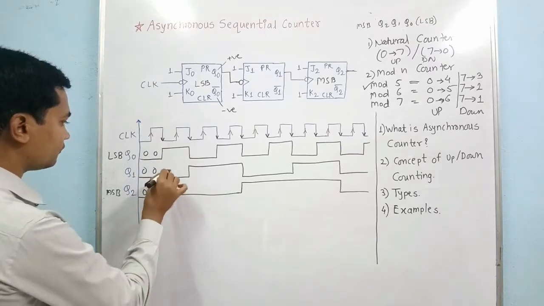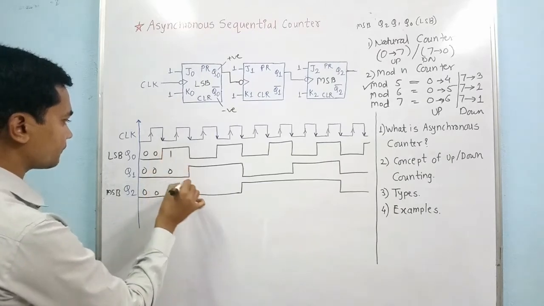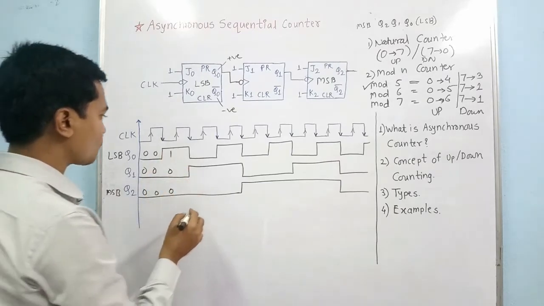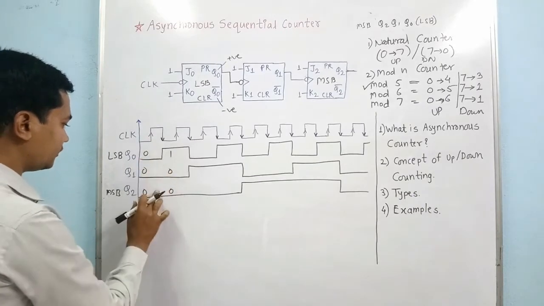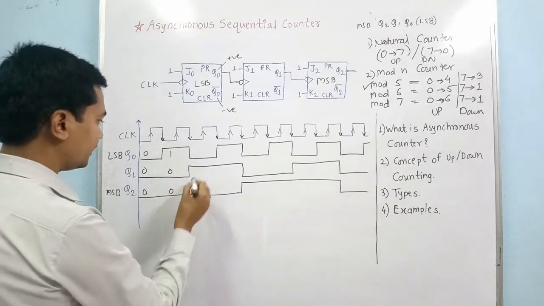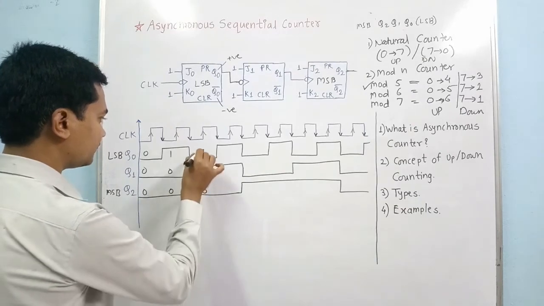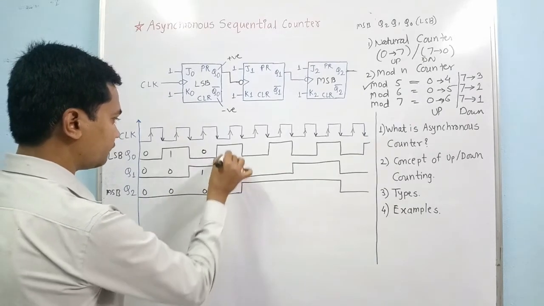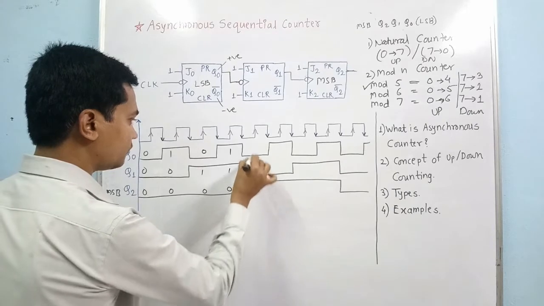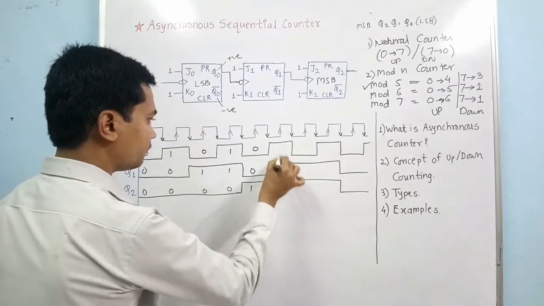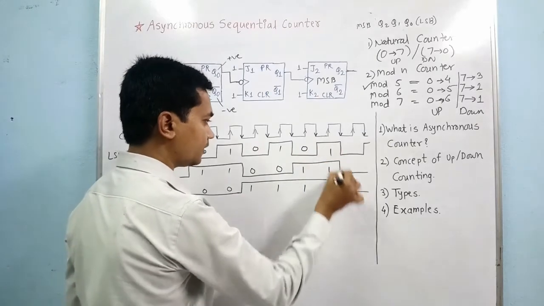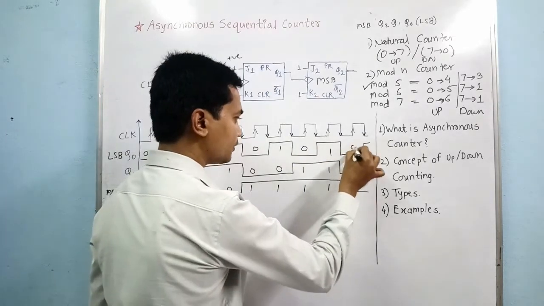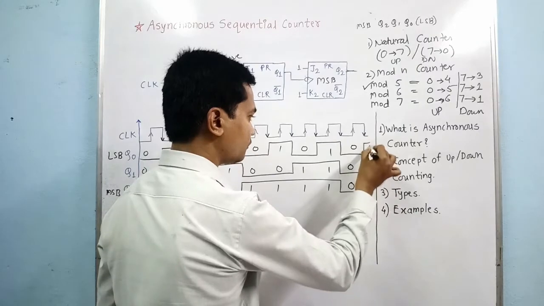Then 0, 0, 1, then 0, 1, 0, 0, 1, 1, 1, 0, 0, 1, 0, 1, 1, 1, 0, 1, 1, 1, 0, 0, 0, 0, 0, 1.